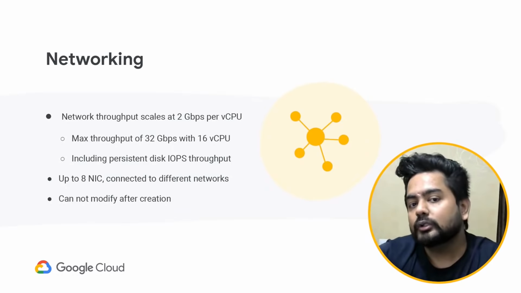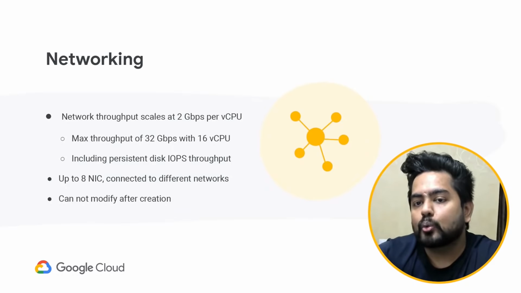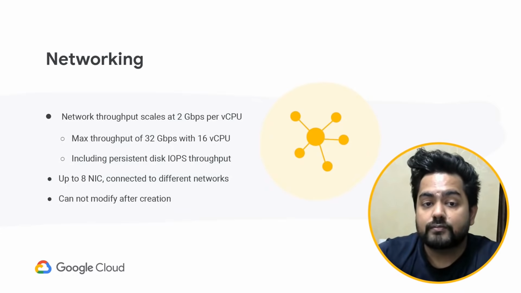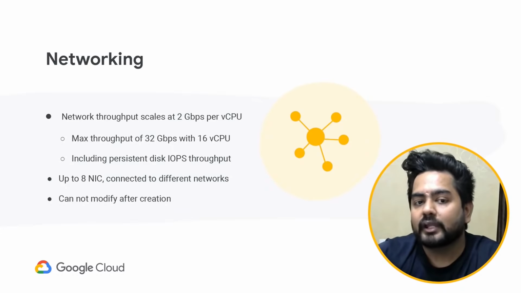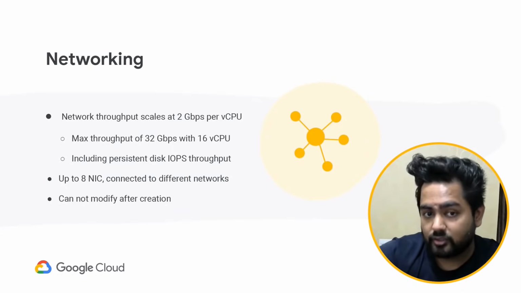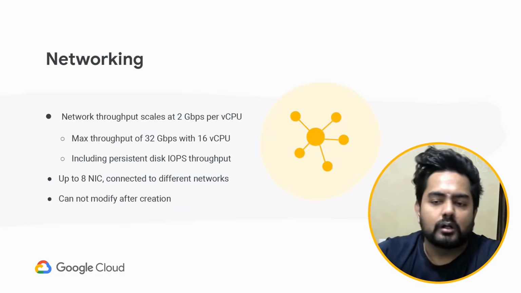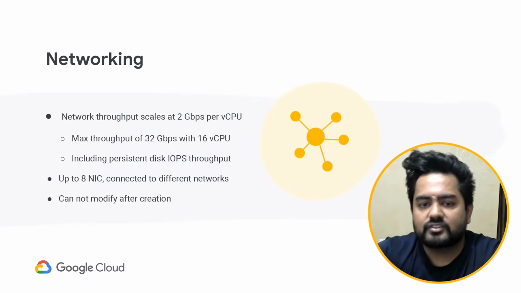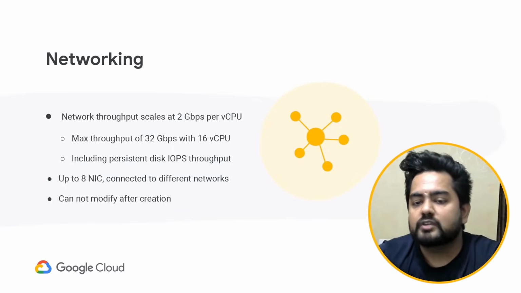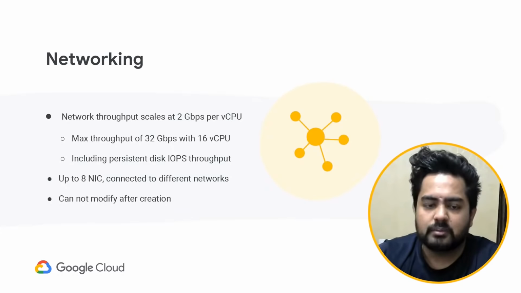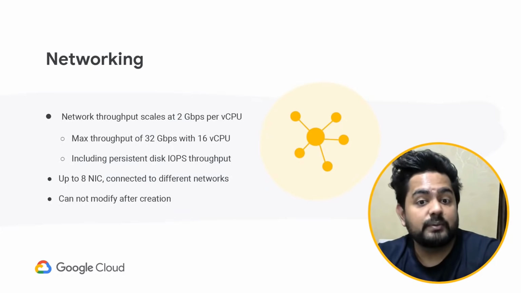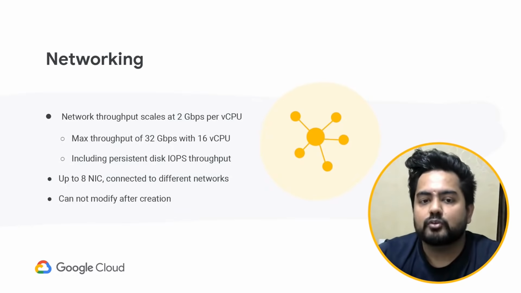Because persistent disks are accessed over the network instead of being physically attached to a VM, they also use the allocated network bandwidth the machine has. And you can have up to 8 NICs attached to different VPC networks. For example, you may want a network appliance that has one NIC in your DMZ VPC and one in your internal VPC. That's how networking operates.